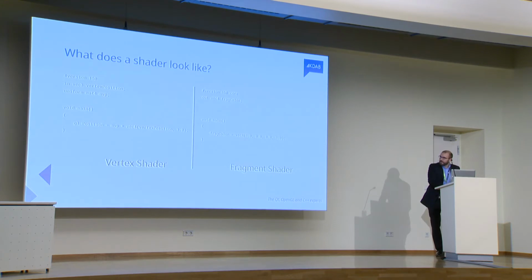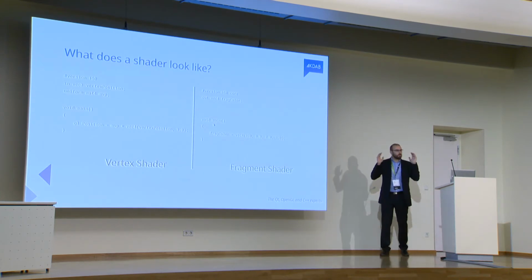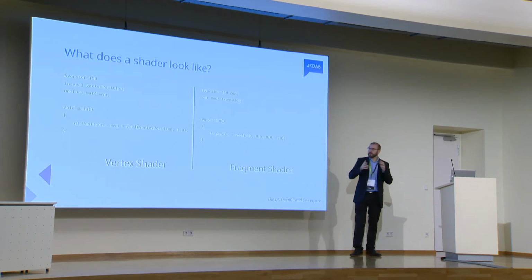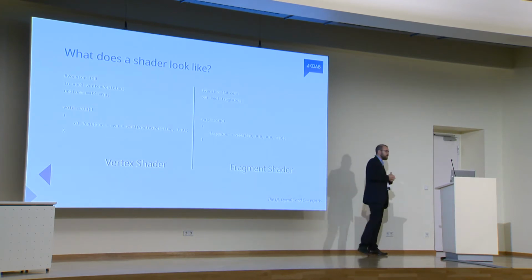So that scales quite well. For the fragment shader, remember, we transform the position, primitive assembly takes place, rasterization converts your surface into pixels, and then to color each pixel, we call the fragment shader.